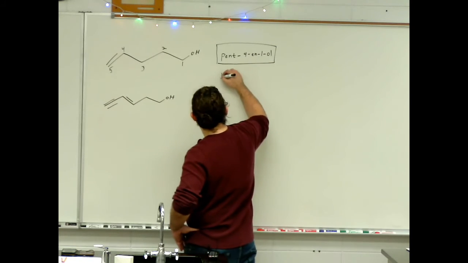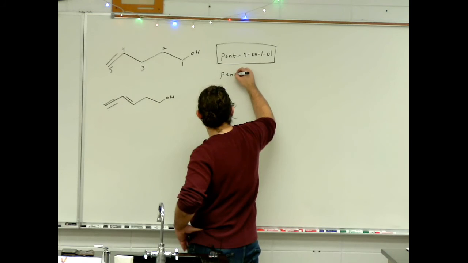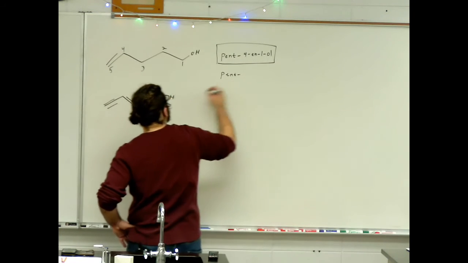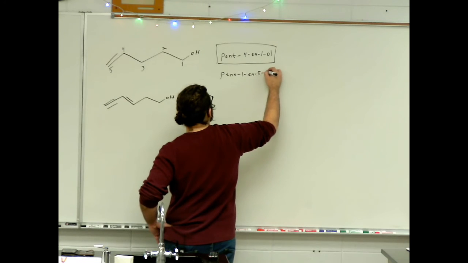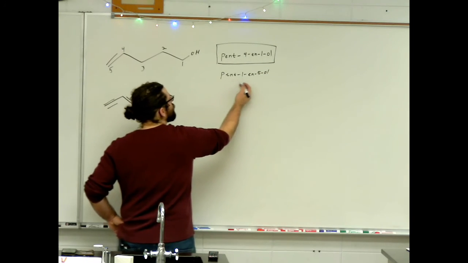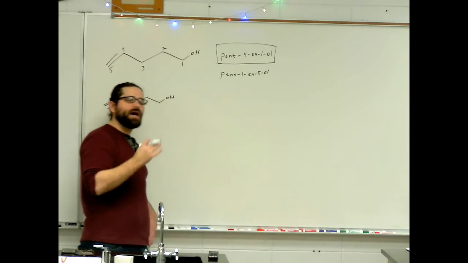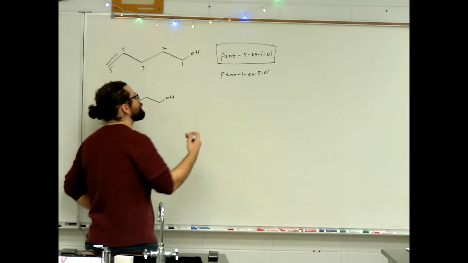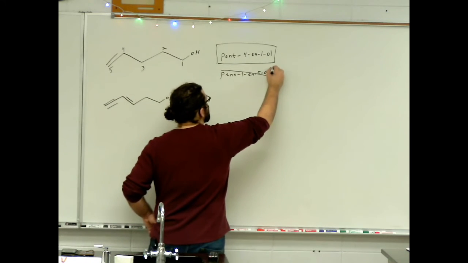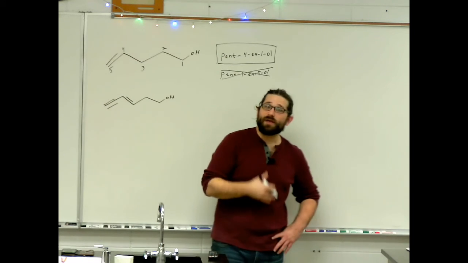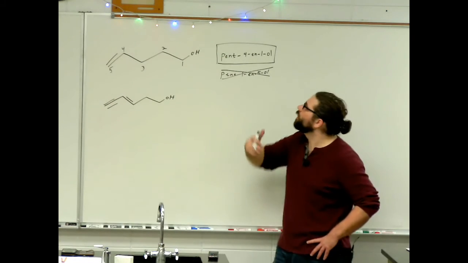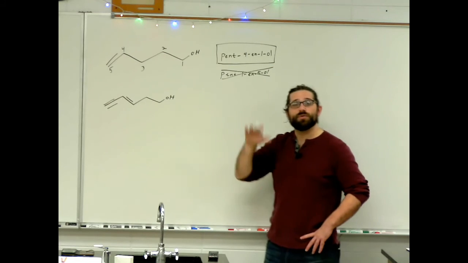Well, I wouldn't name this numbering the other way, pent-1-en-5-ol. This would be incorrect because it doesn't take into account the alcohol's higher priority. So this is wrong. So we see there's two ways to name this. We have to pick one. Which one is right? Well, we give the alcohol a higher priority, so that one is right.